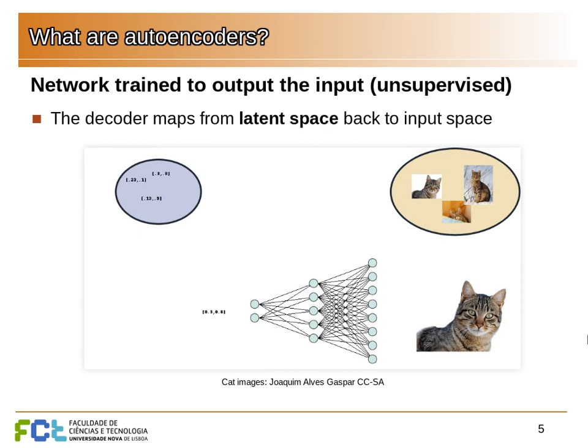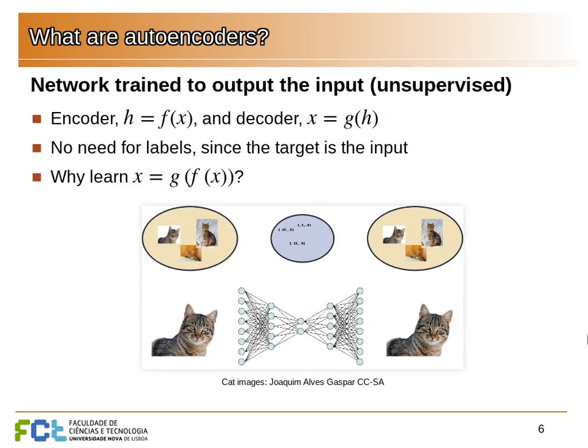So we are joining together two parts, one that makes this transformation into the latent space, and the other that reconstructs the original data from this transformed representation. And this is how we train the autoencoder. But then we can split it apart and use the first part or the second part. We're going to see several applications.